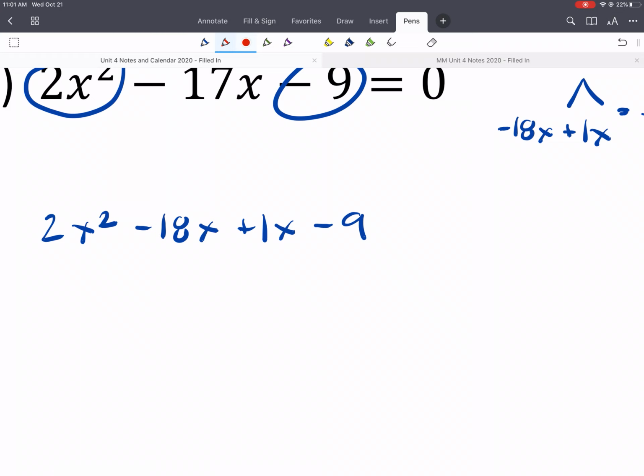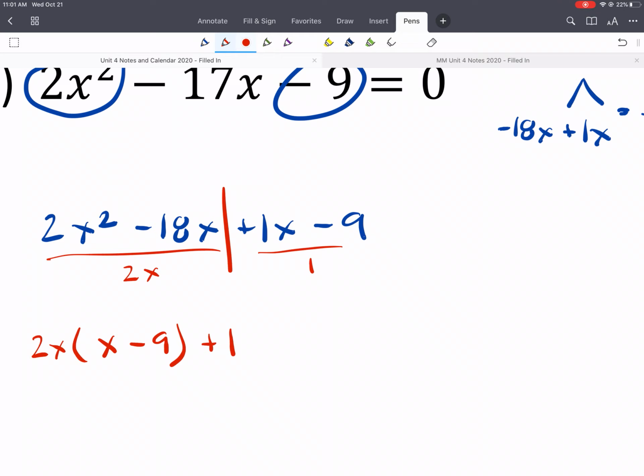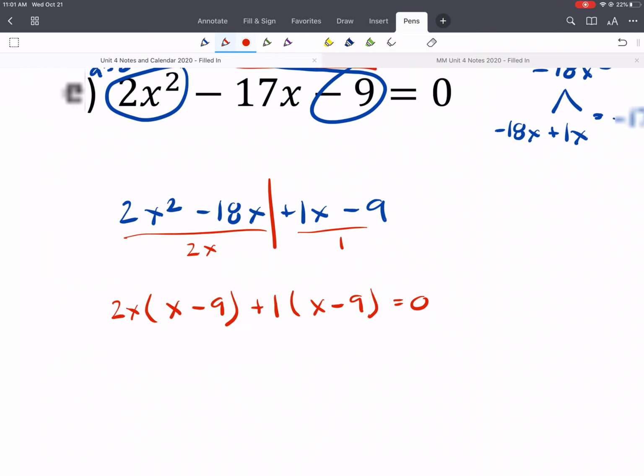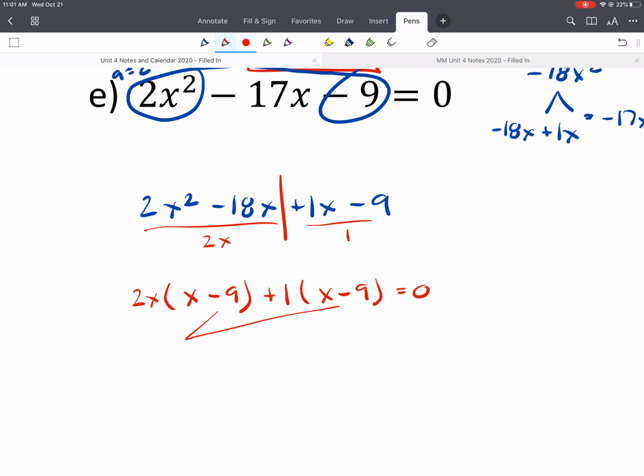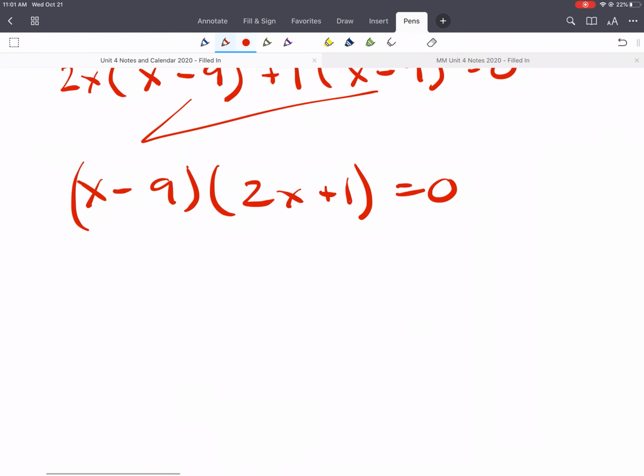And then we'll do our grouping. So we can take out 2x, leaves us with x minus 9. On the right side, we can take out a 1, leaves us with x minus 9. That's our new common factor. We'll take that out. So x minus 9 times 2x plus 1 is equal to 0. And then we'll use our zero product property.